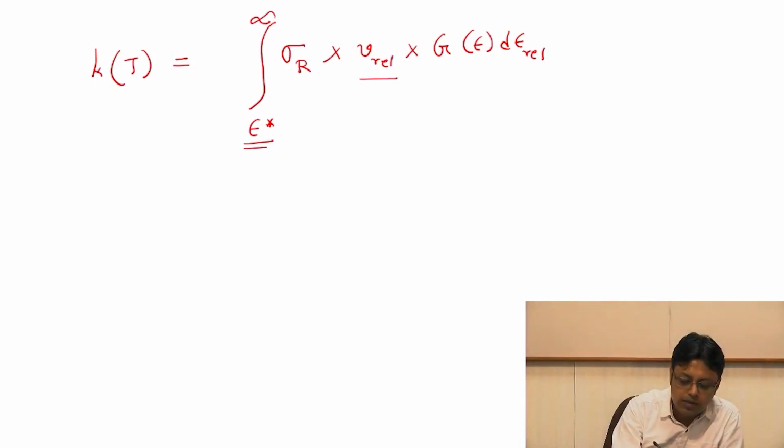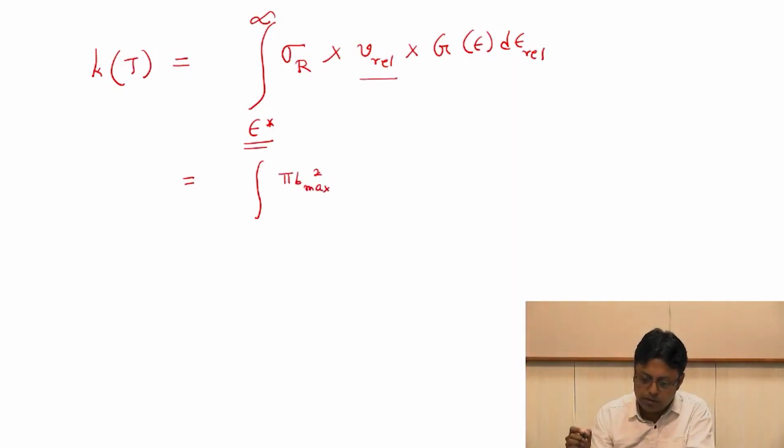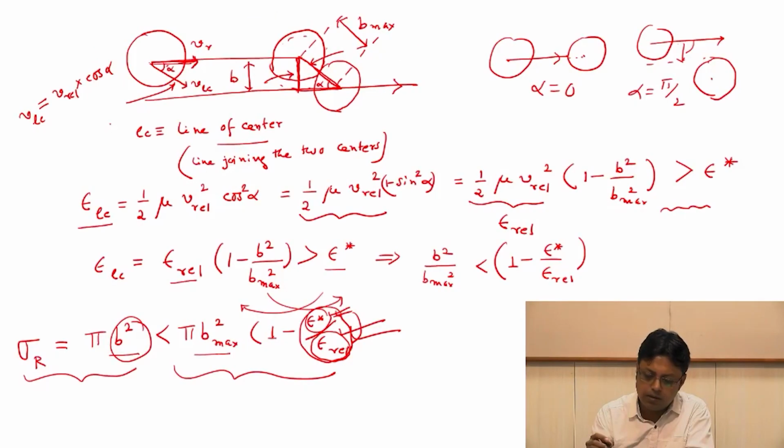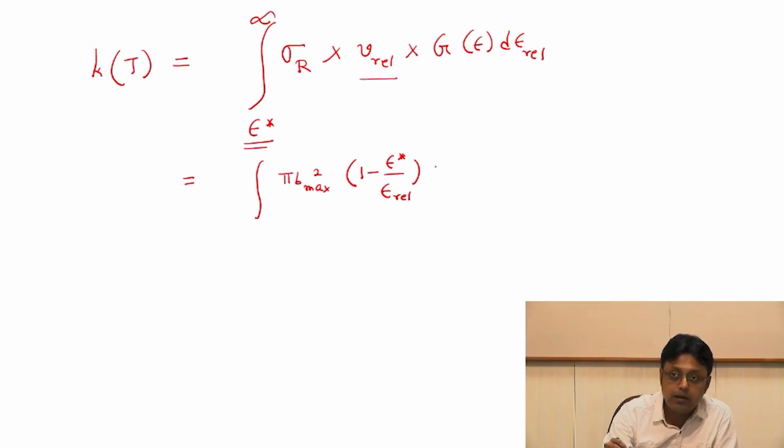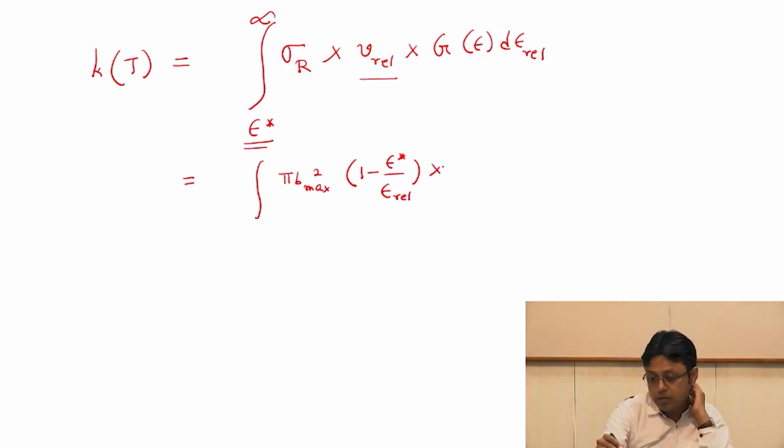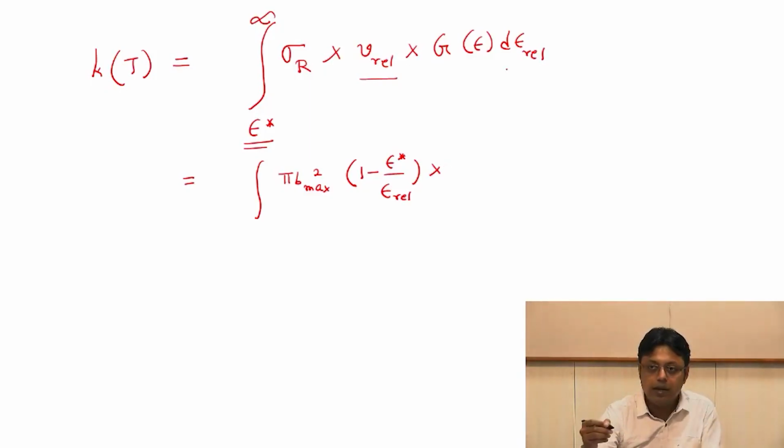So we know that this sigma r is nothing but pi b max squared, as you can see here. It is pi b max squared times 1 minus epsilon star by epsilon relative, and then it is multiplied by v relative, but I cannot write v relative because I'm integrating in the energy frame.